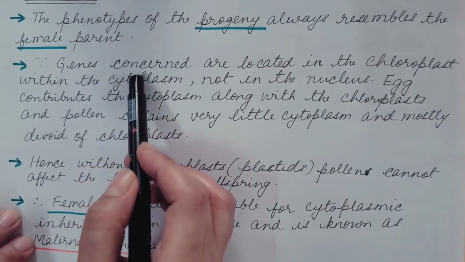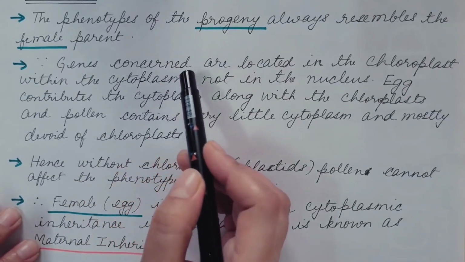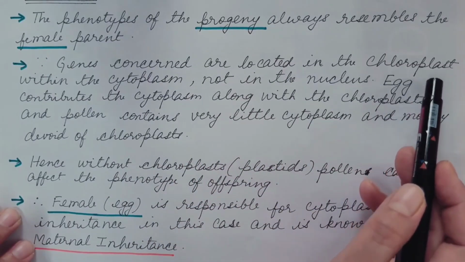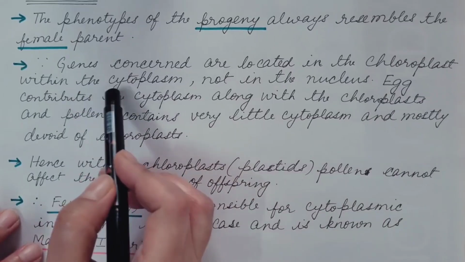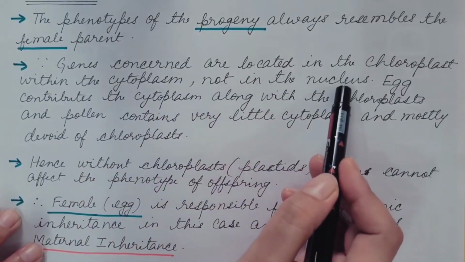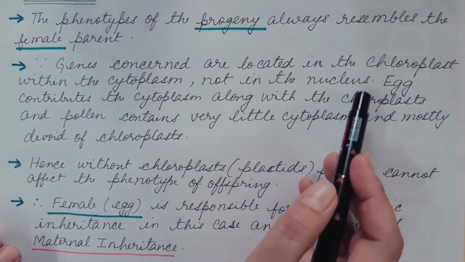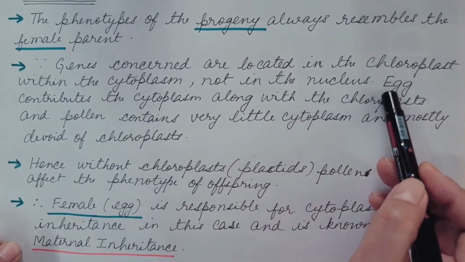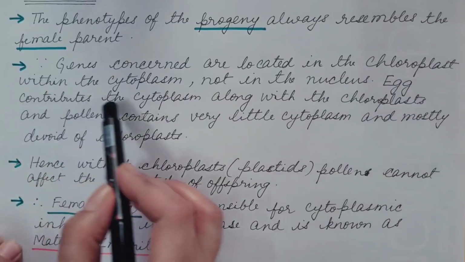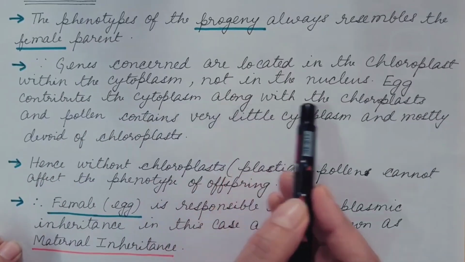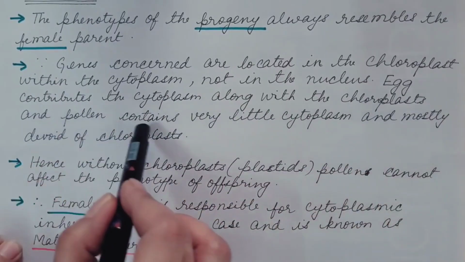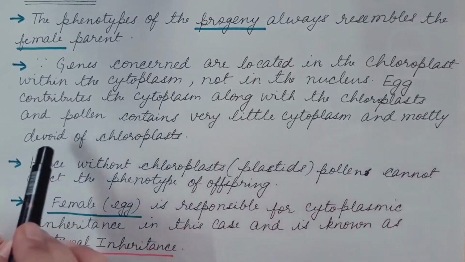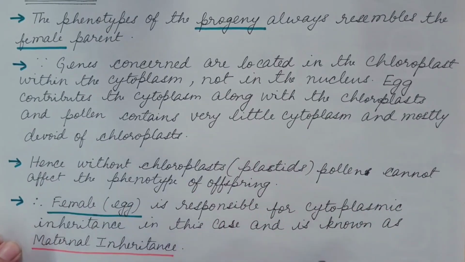So the genes that are responsible for the color of the leaves are located in the chloroplast, and this chloroplast is present in the cytoplasm. These are not present in the nucleus. So it is cytoplasmic inheritance. And here the egg contributes the cytoplasm along with the chloroplast, and pollen grains contain very little cytoplasm and are mostly devoid of chloroplast.